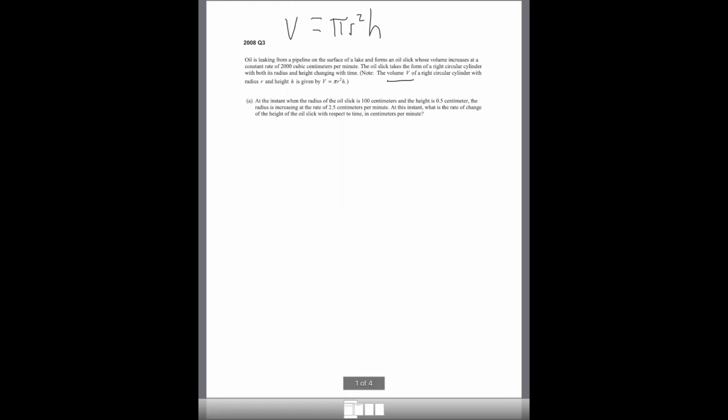All right, so we know that dV over dt is 2000 just from this part right here. Now I'm going to take what we were given in part A. So it says the radius is 100 centimeters. That's one thing. It says the height is half a centimeter. That's another thing.